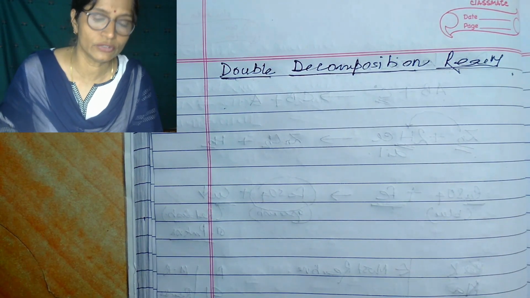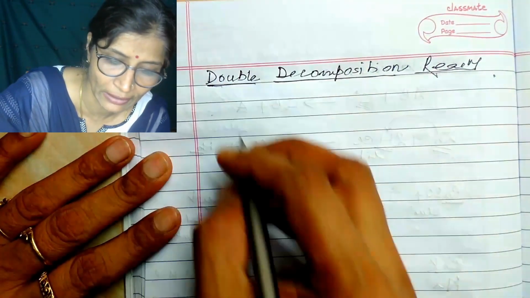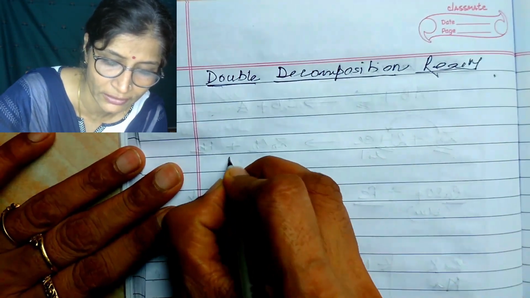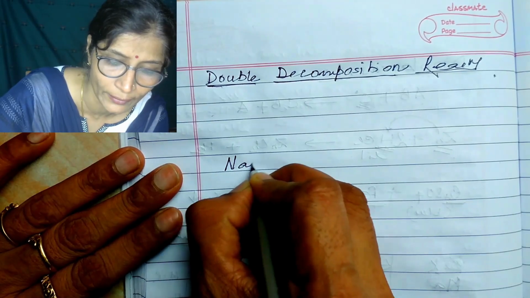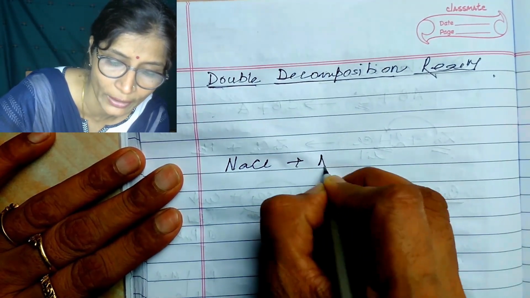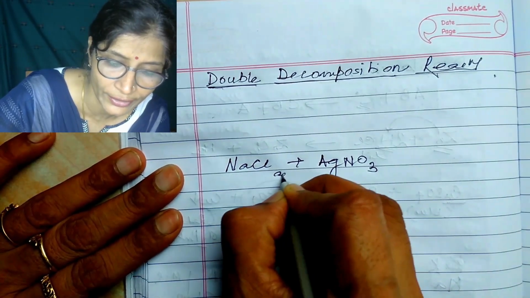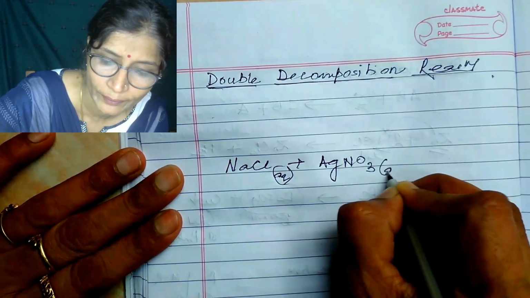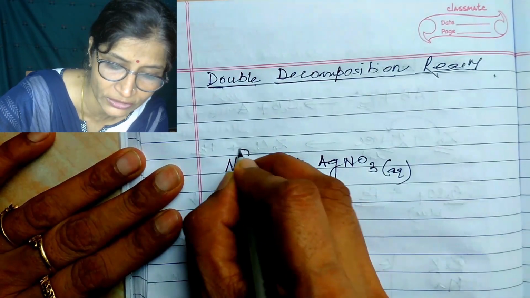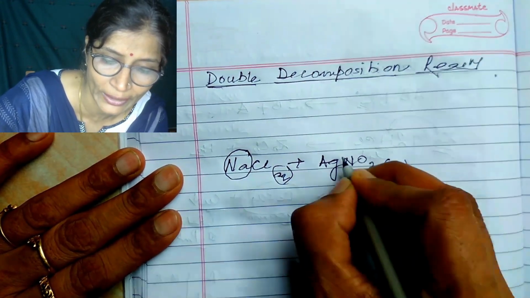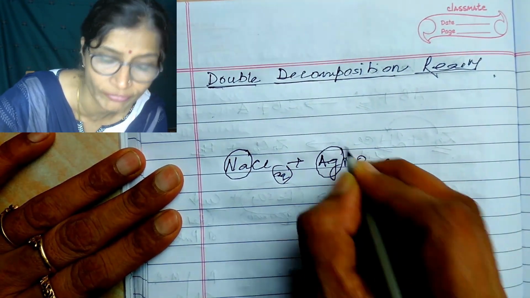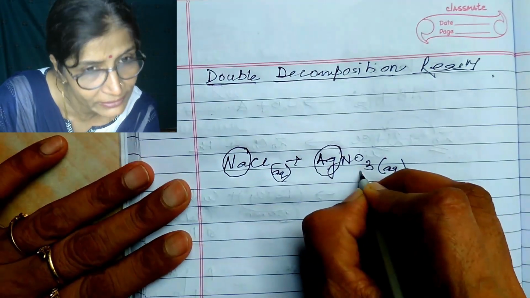For example, if I am taking sodium chloride when it is treated with silver nitrate, both are in the aqueous state. The positive radical of sodium chloride exchanges itself with the positive radical of silver nitrate.